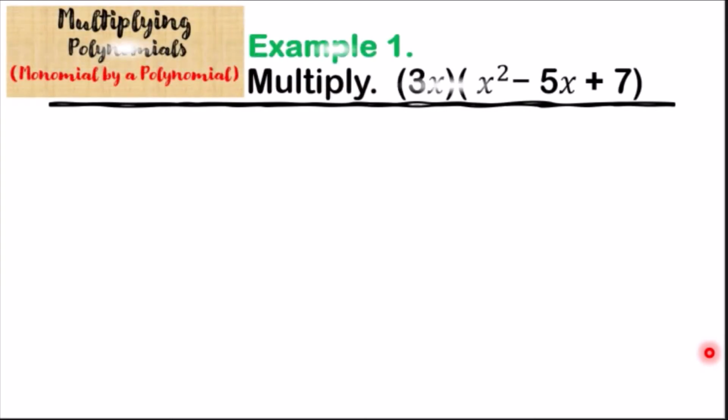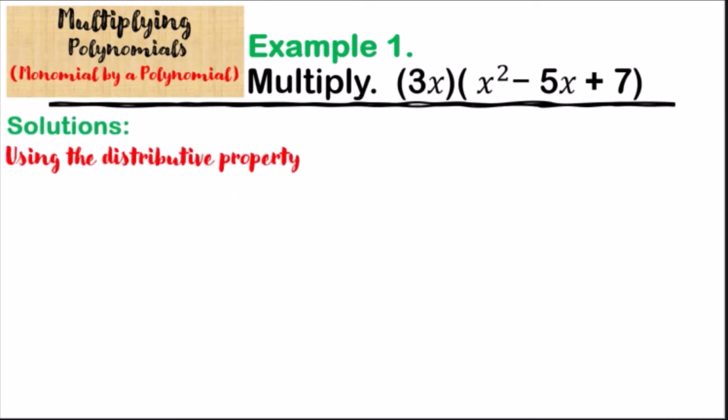Let's consider some example. Multiply the quantity of 3x times the quantity of x squared minus 5x plus 7. We can use the distributive property in solving this problem or by using the vertical way of solving. First, we use the distributive property.